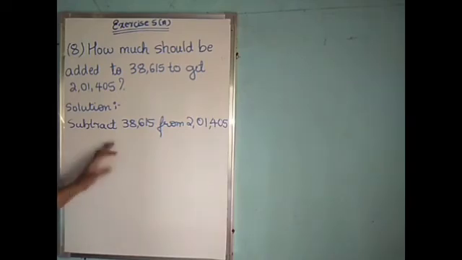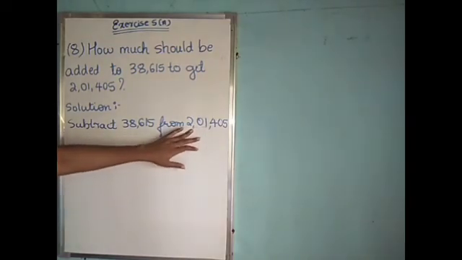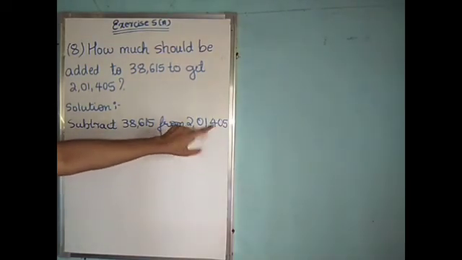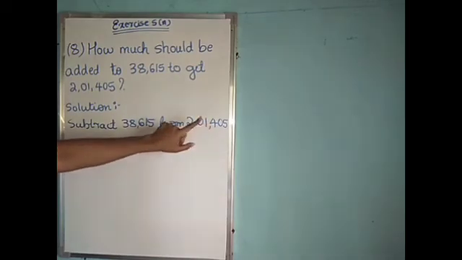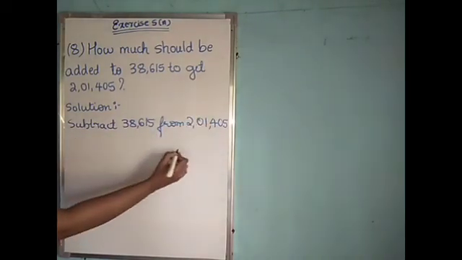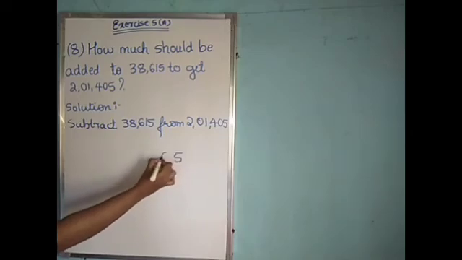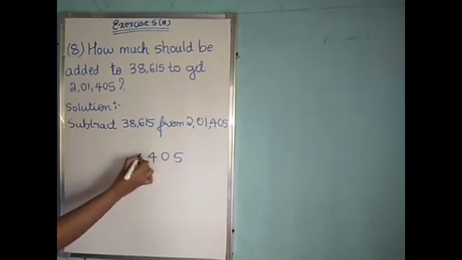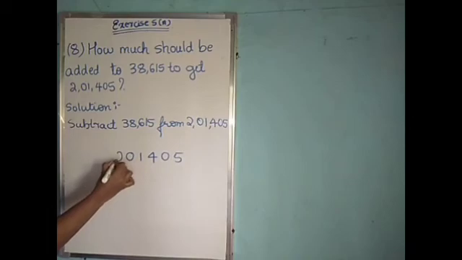So first we should take 2,01,405. Whenever you write this number, you write it from ones place. So 5, 0, 4, 1, 0, 2.